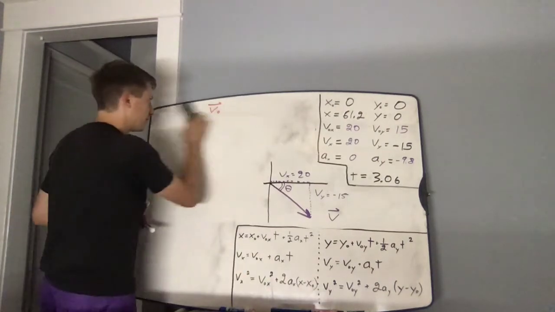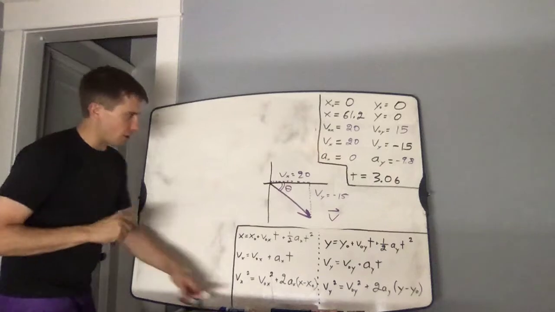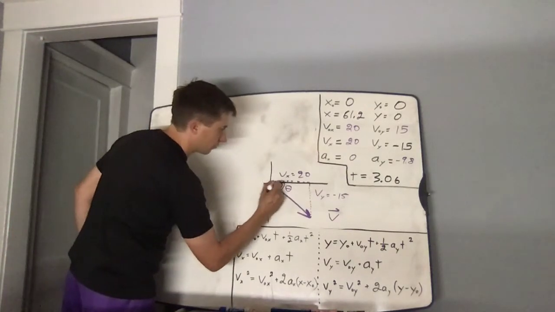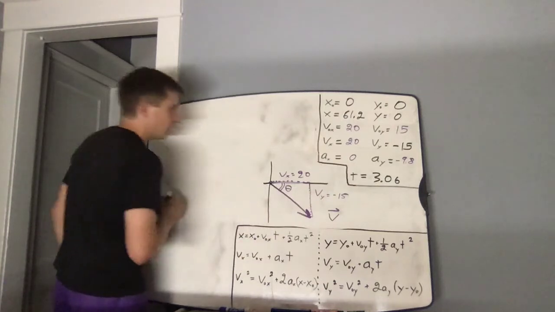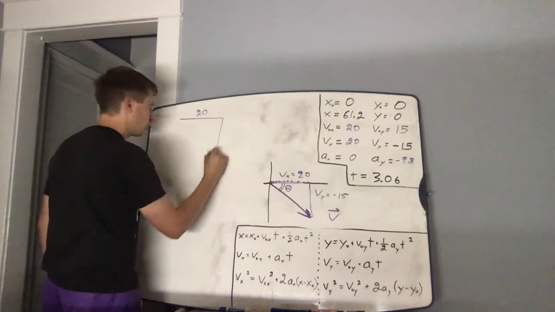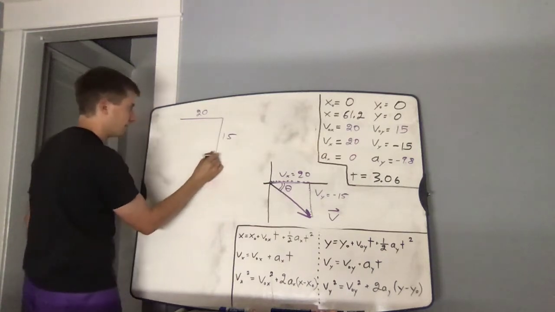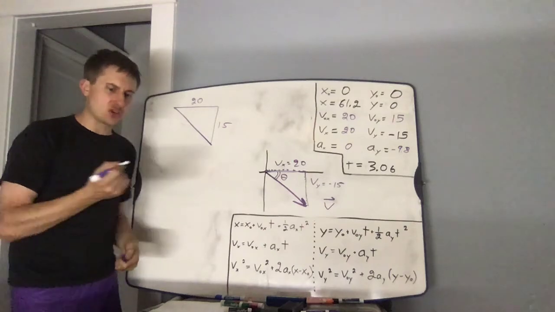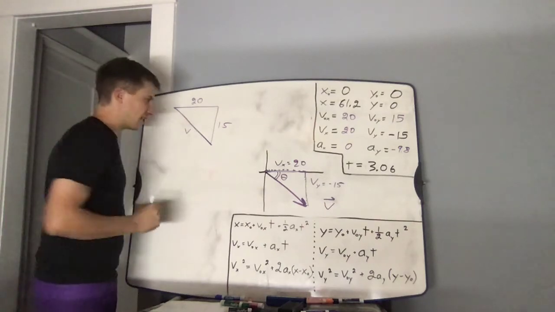Let's find what this angle is, and let's find what the magnitude of that vector is. So, I am just going to draw this final velocity as a right triangle. I explicitly have a right triangle right here. So if I say this side has a side length of 20, this has a side length of 15, I'm going to assign the hypotenuse of this triangle the symbol lowercase v.